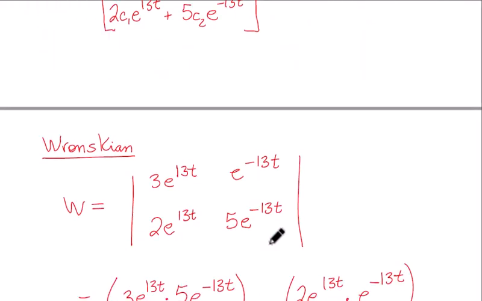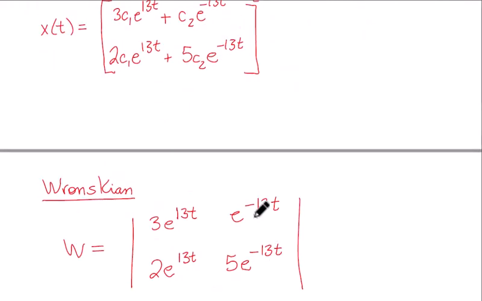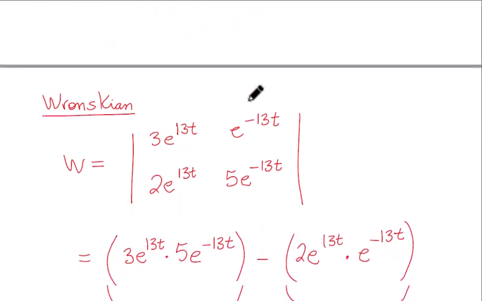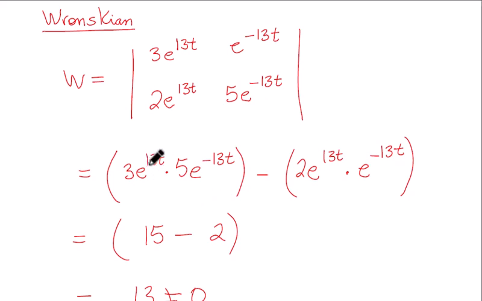So let's verify with the Wronskian. So now I'm going to take all of this stuff, find the Wronskian, so it's the downward diagonal minus the upward diagonal product. Well, the good news is the e to the 13t multiplied by e to the minus 13t.